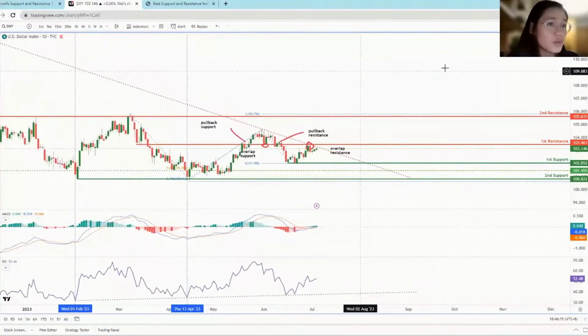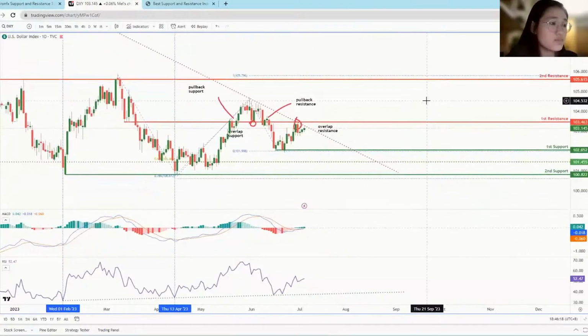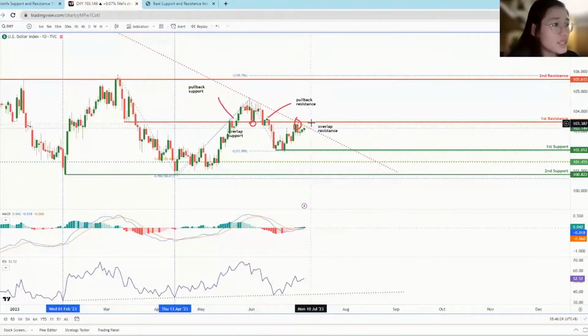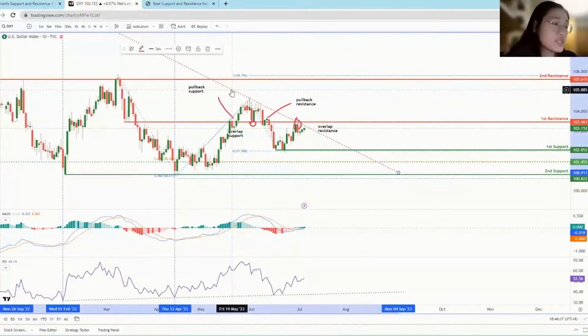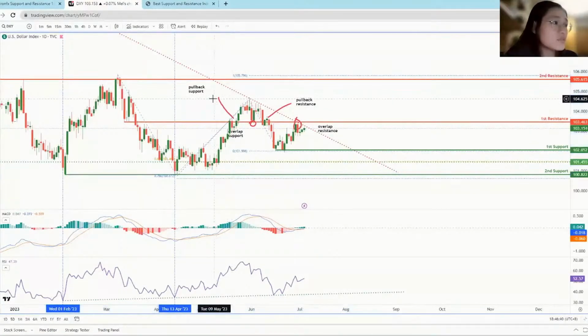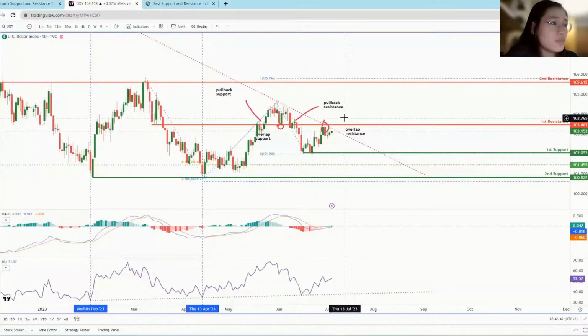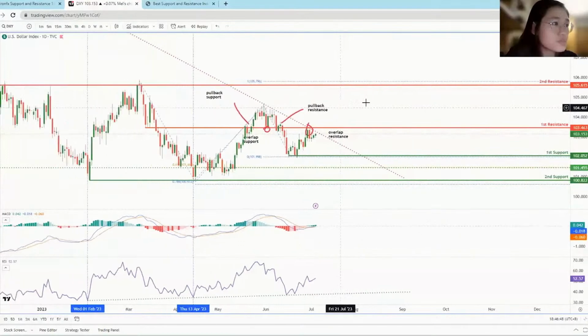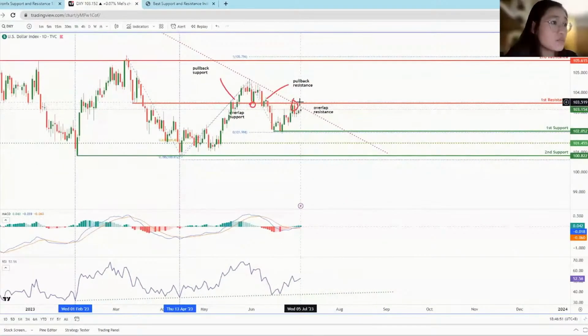So we can expect price to continue to rise. Okay, but we won't go in for a buy, or rather we might go in for a buy towards our first resistance, but only until our first resistance. It's not likely that it will break out of the first resistance because we still have a lot of downward pressure from this descending trend line. And it's not likely to continue upwards. Okay, in fact, it's likely to maybe hit our first resistance and continue downwards instead.